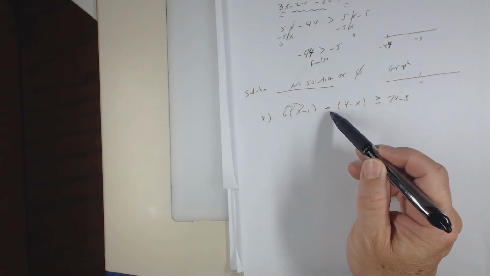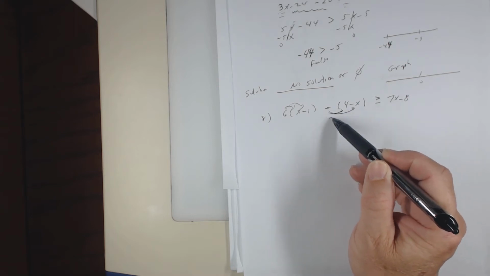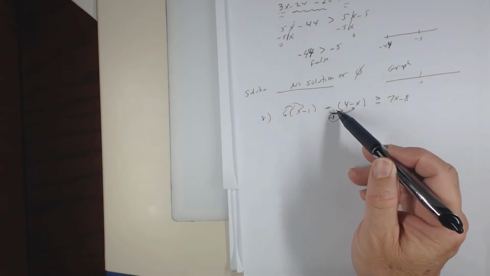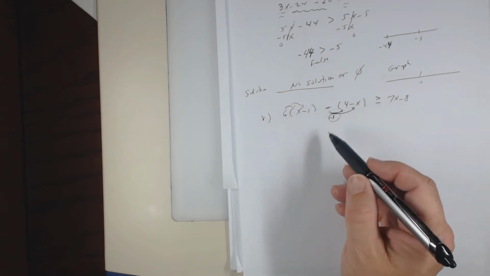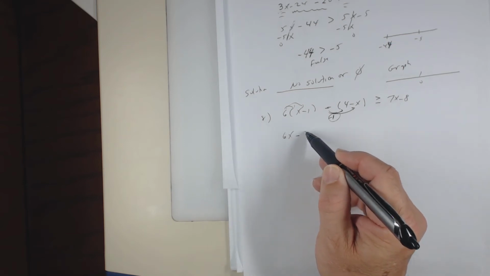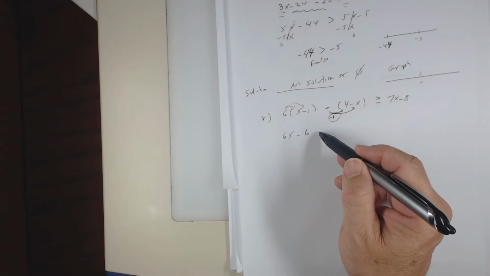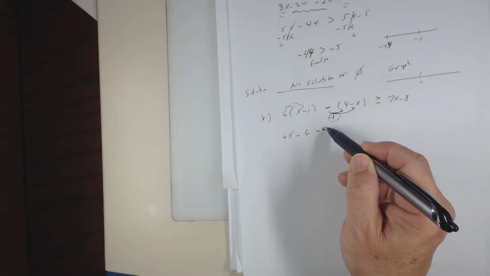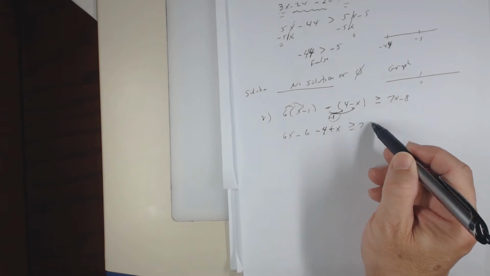Right here, what do I distribute? Negative 1. You're distributing a negative 1, because that's understood to be a 1 right here. So 6 times x minus 1 is 6x minus 6. A negative 1 times 4 minus x is what? Negative 4 plus x. Good. Greater than or equal to 7x minus 8.